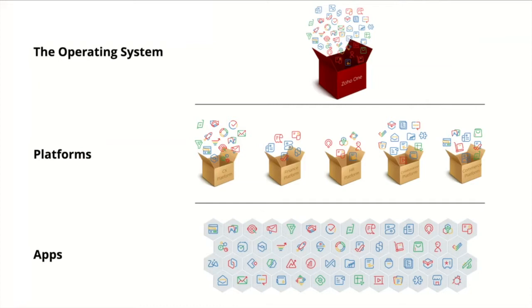We also have a work drive platform, workplace platform. And that is where Zoho Remotely will fit in. And then you can see Zoho One at the top, and that is basically the operating system for business. And that's meant to help you in the transition to using one single platform to run your business.